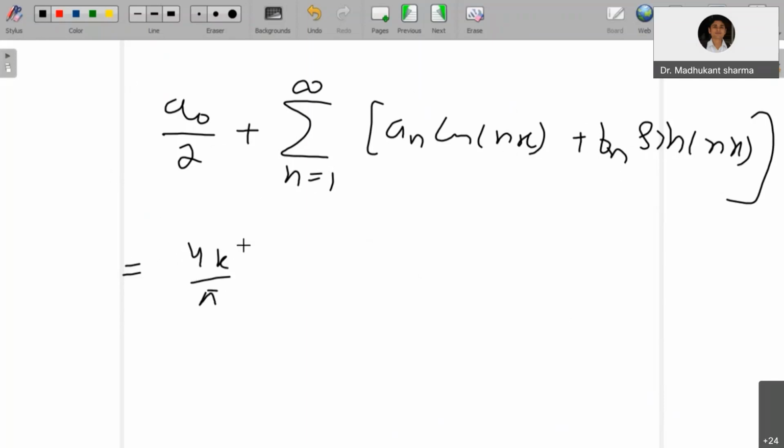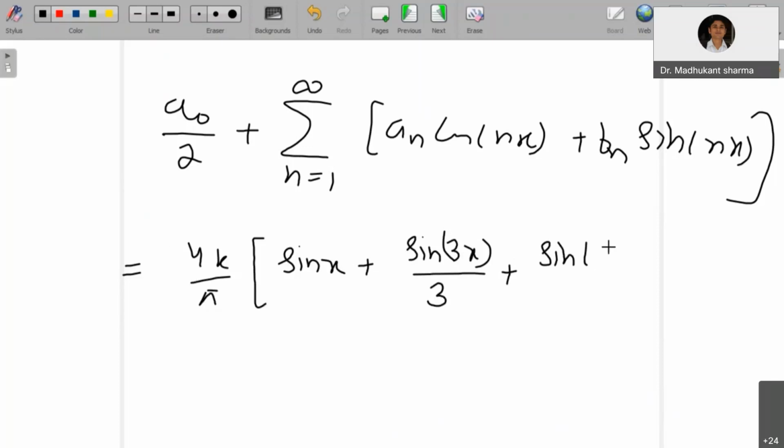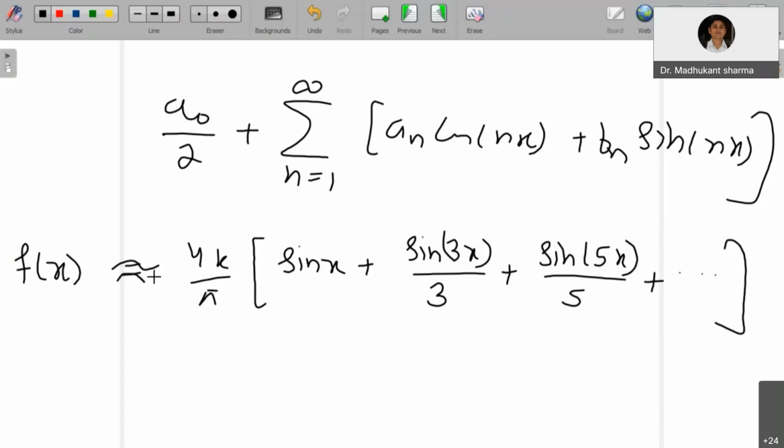For the odd case, n equals 1, n equals 3, n equals 5, and so on: sine x plus sine 3x by 3 plus sine 5x by 5 plus and so on. This is the Fourier series representation for f of x, and you can write the symbol approximately equals to this.